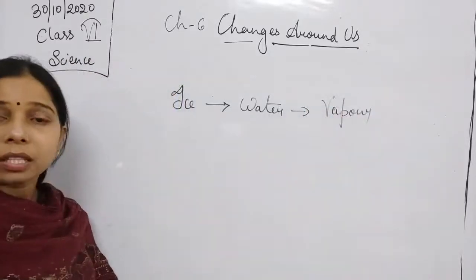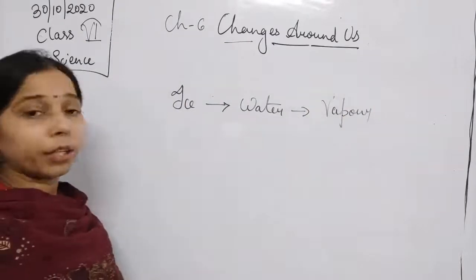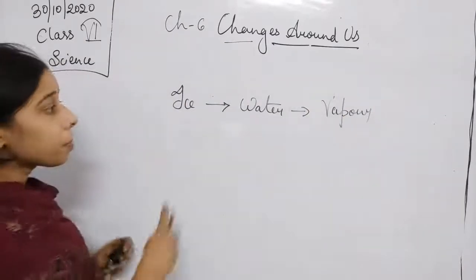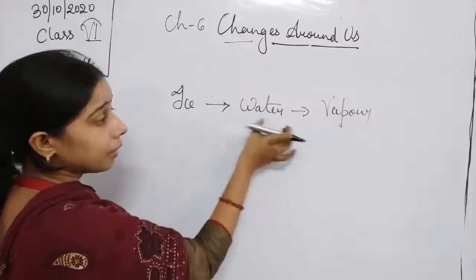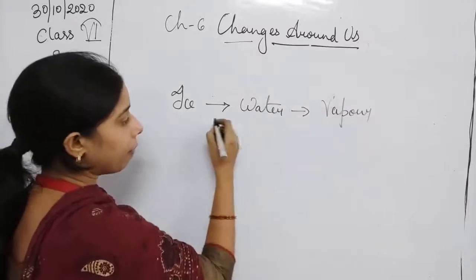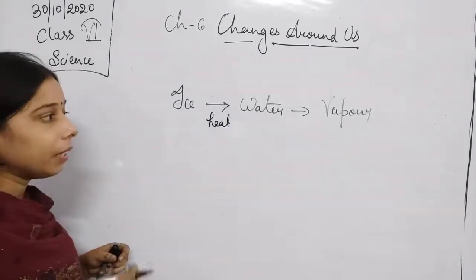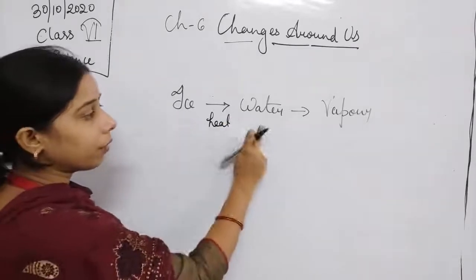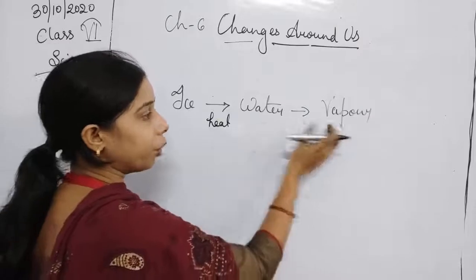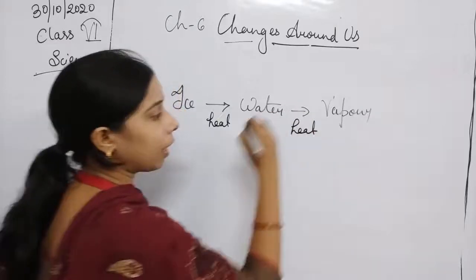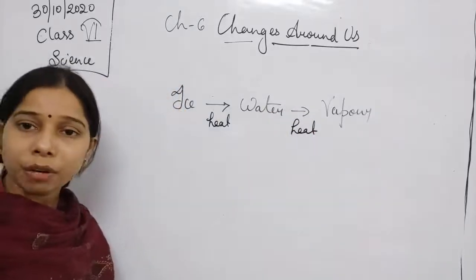How does it get converted from ice to water to water vapor? It gets converted by heat. When we apply heat to it, ice gets converted to water, and when we apply heat again, it gets converted into vapor.